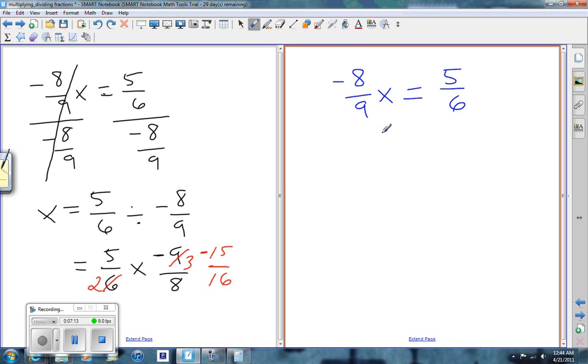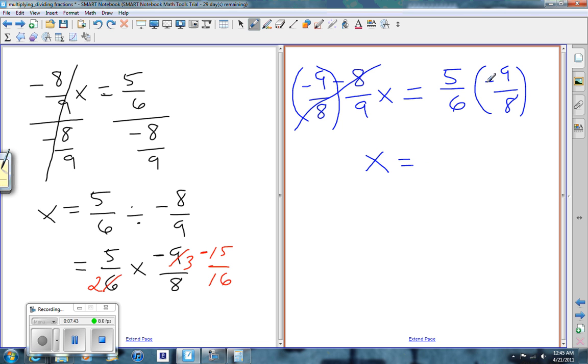But what I had taught earlier was that you can clear away any fraction, make it become 1 by multiplying that fraction by its reciprocal. So in this case, -9/8. If I multiply by -9/8 onto the left side, I have to multiply on the right side by 9/8. A fraction times its reciprocal is always 1. So those will be gone because 1 times x is x.